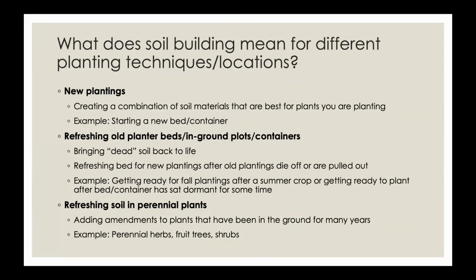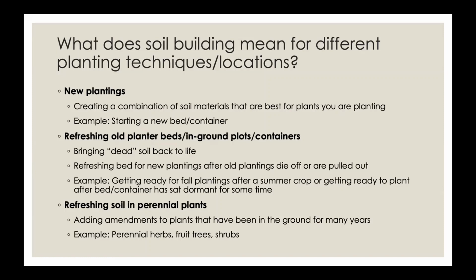So soil building depends on the situation. One scenario is new plantings, where you're starting from scratch to create the best soil for what you're planting. An example is starting a new bed or container. Another scenario is refreshing your bed, your in-ground plot, your container that's already been planted.